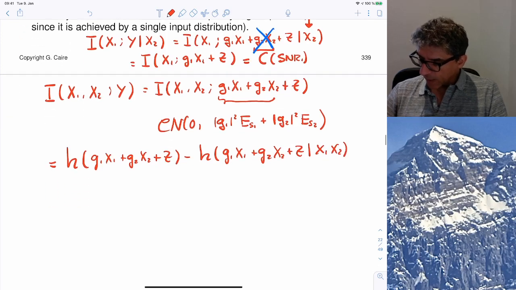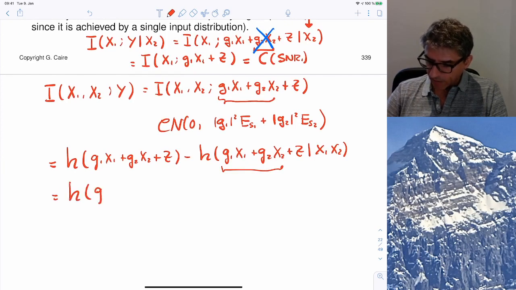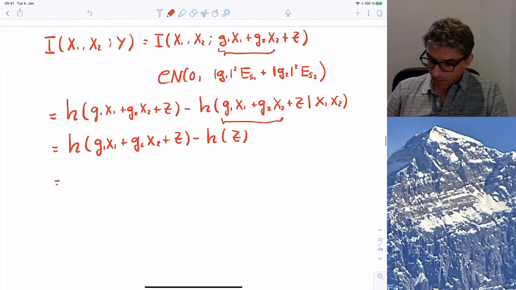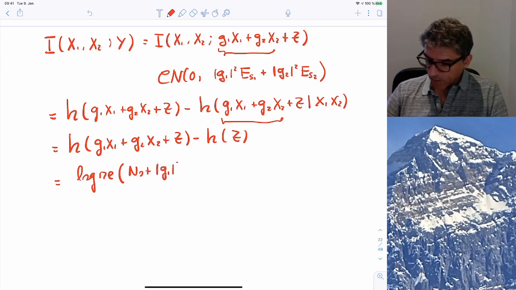Now you see that, again, conditioning makes this term constant, so this becomes, as usual in every additive noise channel, the differential entropy of the output minus the differential entropy of the noise. But we said that this is Gaussian, so this is simply log pi e times the variance of these, which is n0 plus g1 square ES1 plus g2 square ES2, minus log pi e n0.